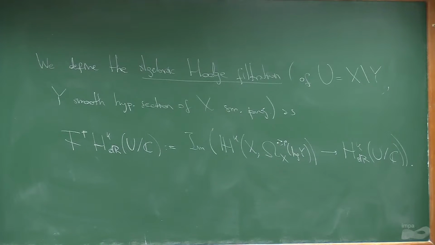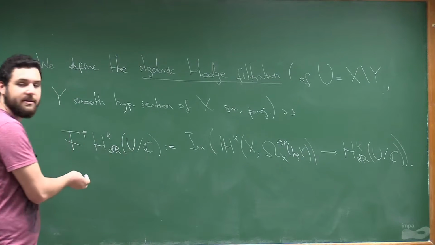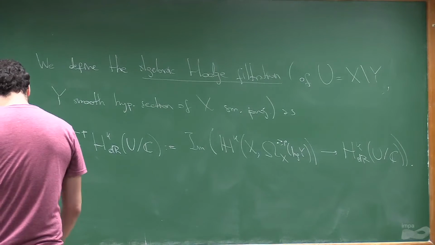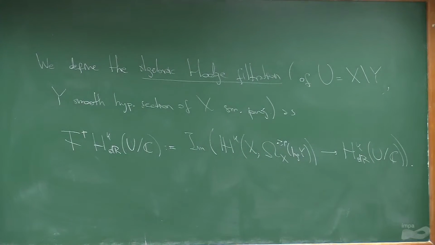So this is the good Hodge filtration in the case where U is affine, and this filtration is not trivial, right? Okay, so in fact we will compute this filtration in the case where U is the complement of a smooth hypersurface in projective space.